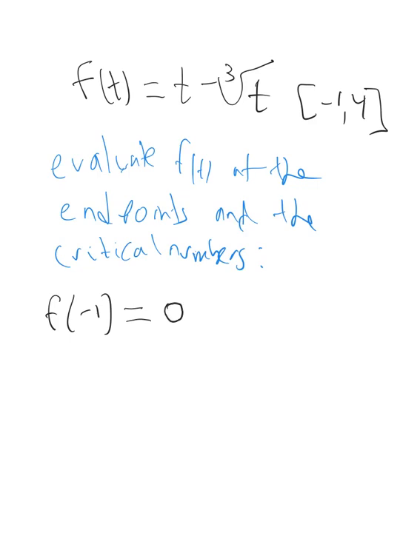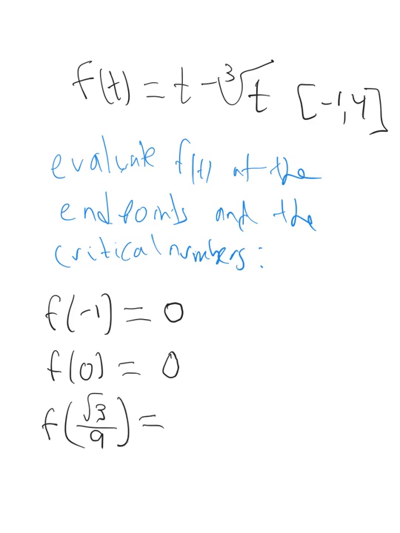Remember that one of our critical numbers was t is equal to 0. And if we plug in t is equal to 0 into the function, you get 0. And the other critical number was t is equal to the square root of 3 over 9.